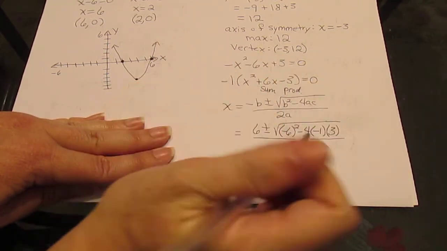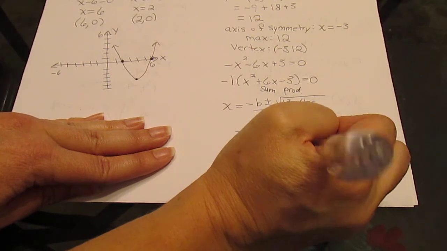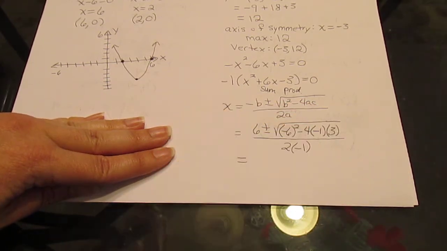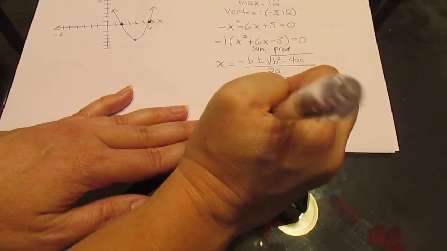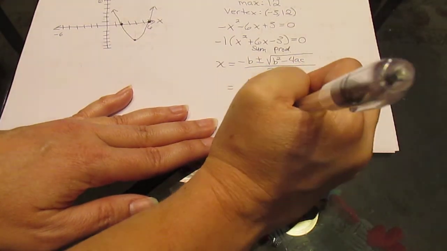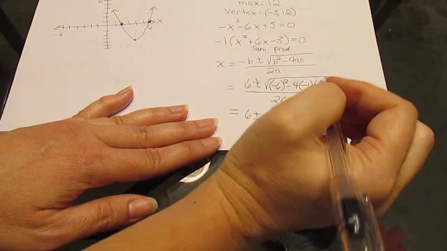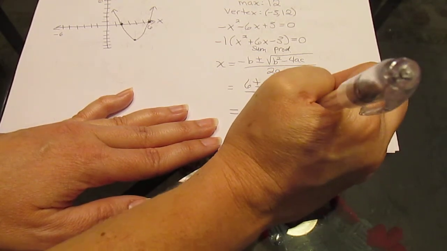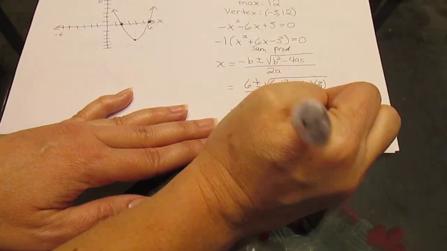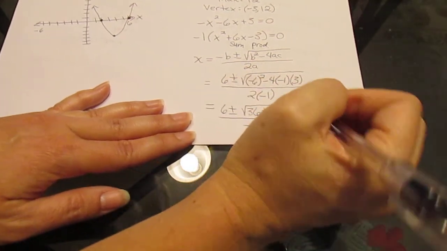And my a was -1. Okay, we'll just start simplifying it. So we've got 6 plus or minus the square root of 36. Let's see, that's going to be a +12 all over -2.